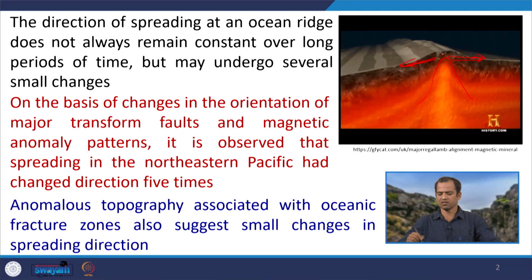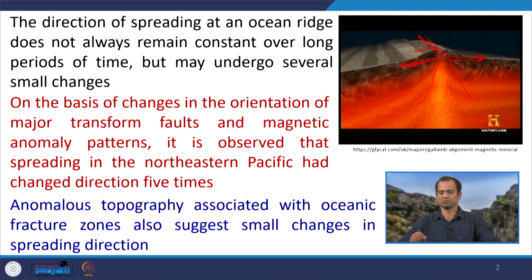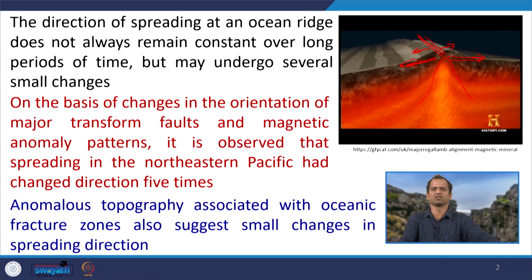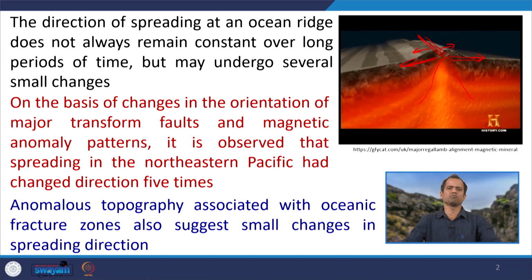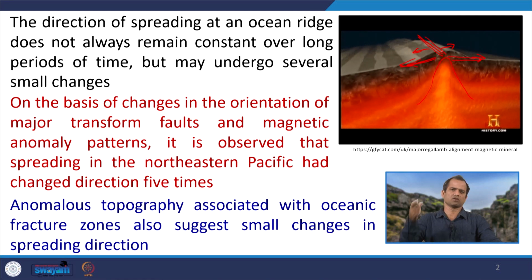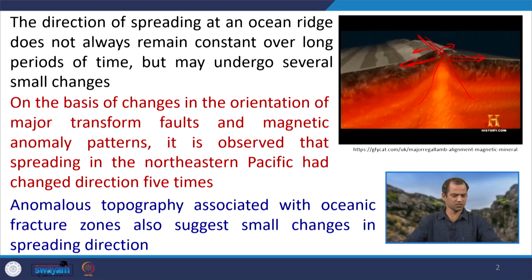And this is the direction of the mid-oceanic ridge, and the spreading is perpendicular to that.